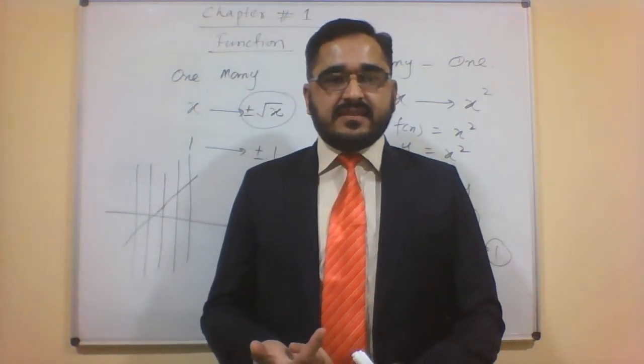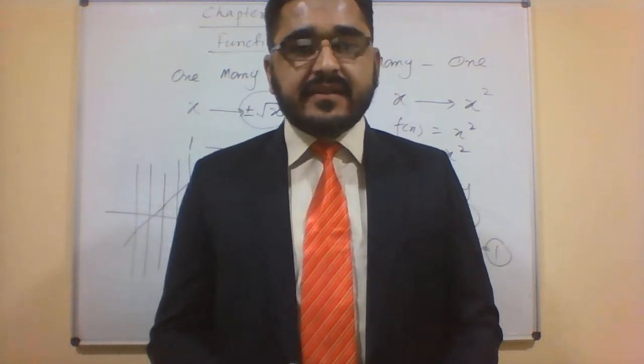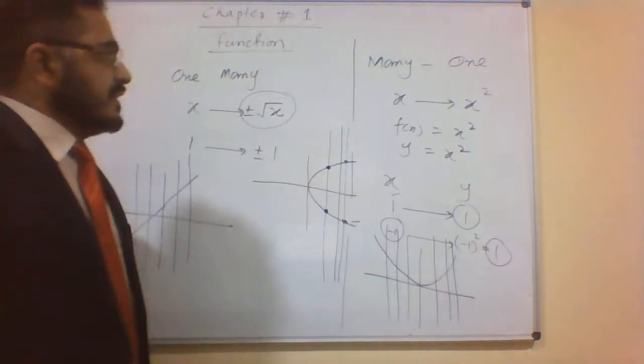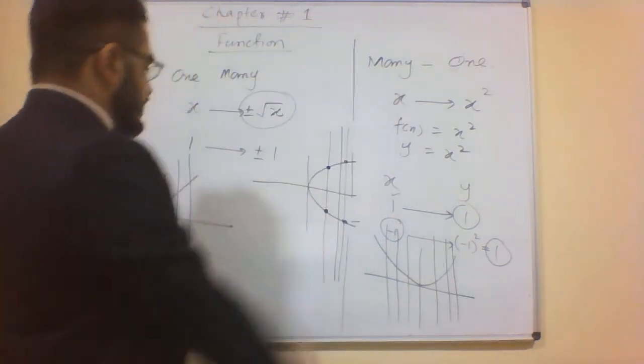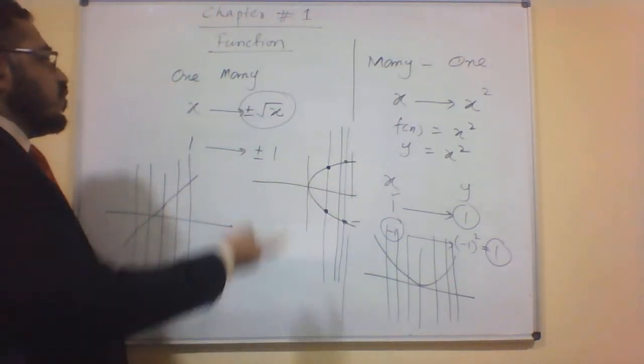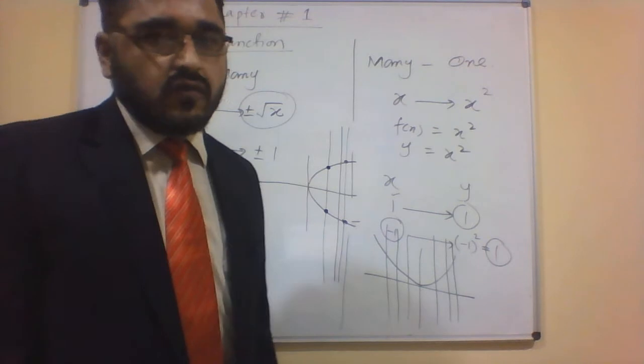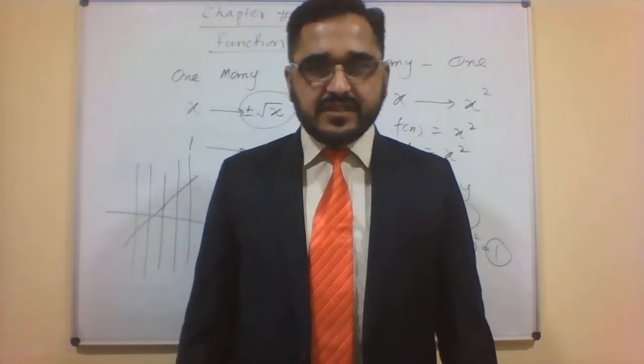This means that mappings that are either one-one or many-one are functions, but one-many is not a function.